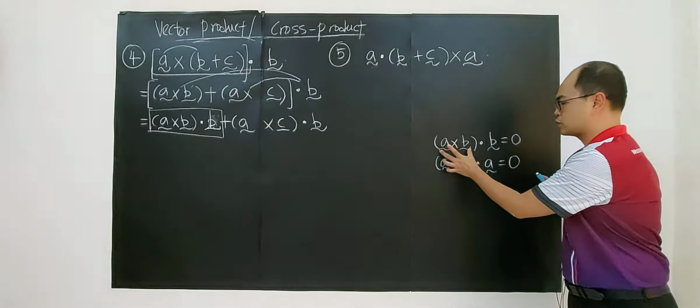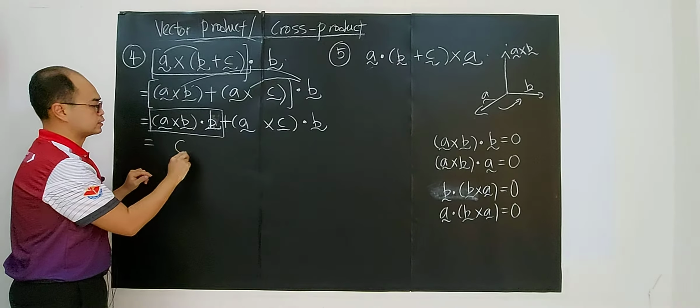This is based on the result that if I have A and B and do cross product, I will get a perpendicular, normal vector to B and A. So based on the scalar product of two perpendicular vectors, for example A cross B is perpendicular to A, the scalar product of these two is 0. That's the property.